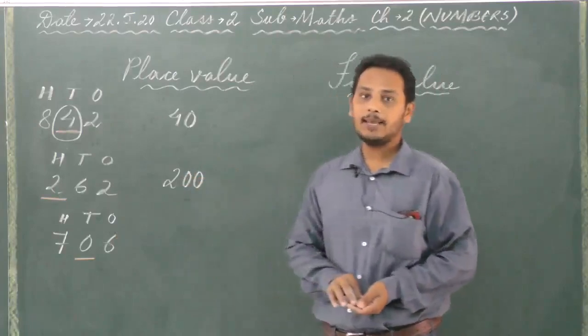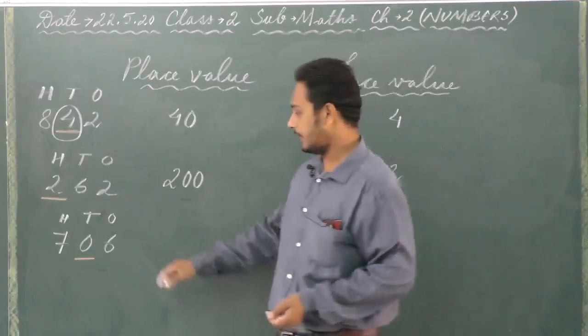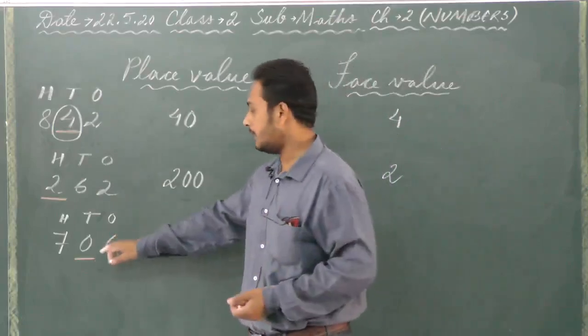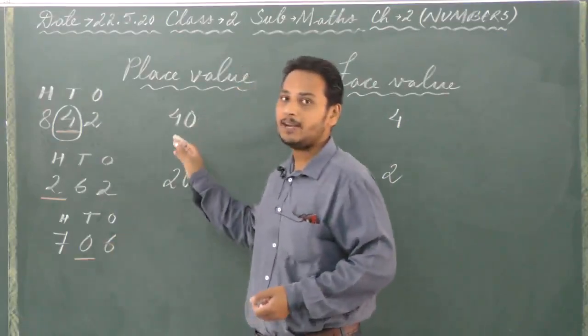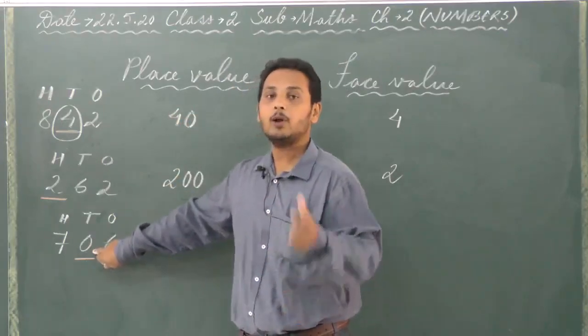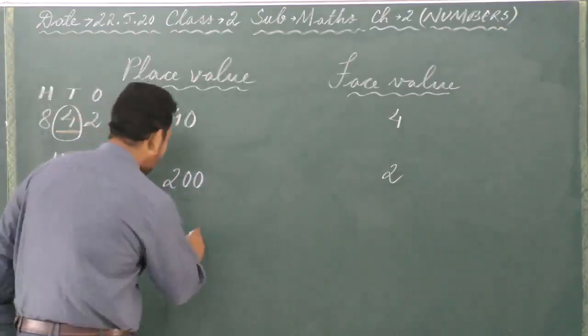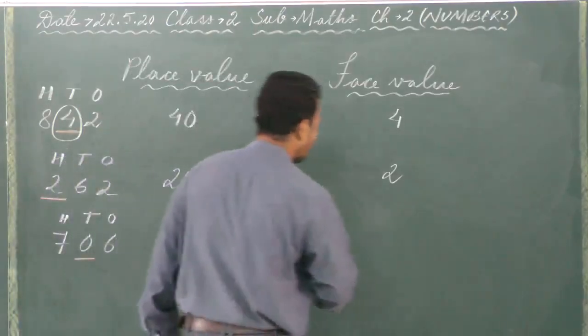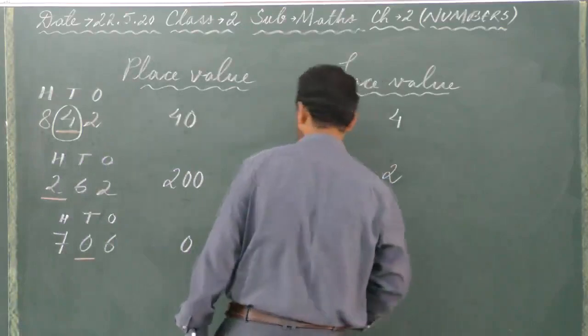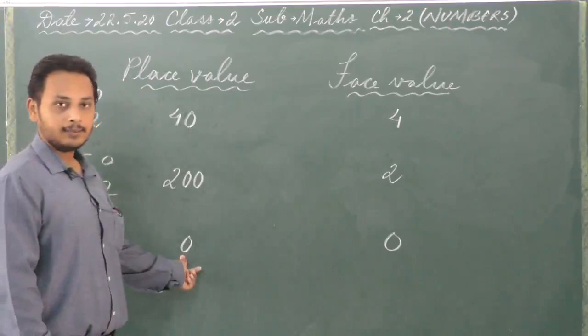Now remember one thing very nicely, that the place value and face value of 0 will always be 0. Over here the place value of 0 is 0, and here also 0. Now why did I write 0 over here?